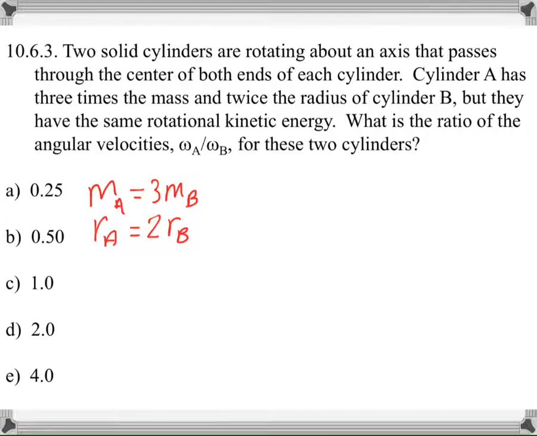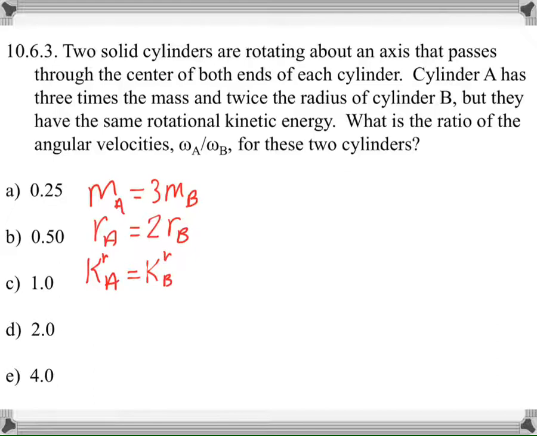But they have the same rotational kinetic energy. KA, well, not the linear but rotational, so let's put R in here, rotational kinetic energy, is equal to KB rotation. They have the same rotational kinetic energy.